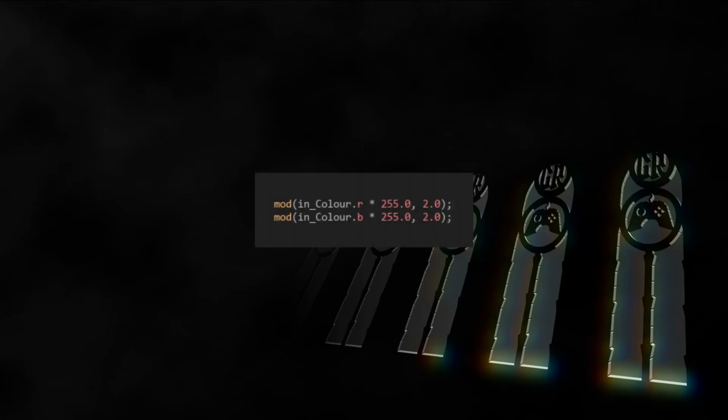But we can also retrieve bits by using the mod function. In color red times 255 modulo 2 will retrieve the lowest bit of the red channel, and in color blue times 255 modulo 2 will retrieve the lowest bit of the blue channel. Now here's my try to explain how this works, and I hope I'm not totally wrong here.